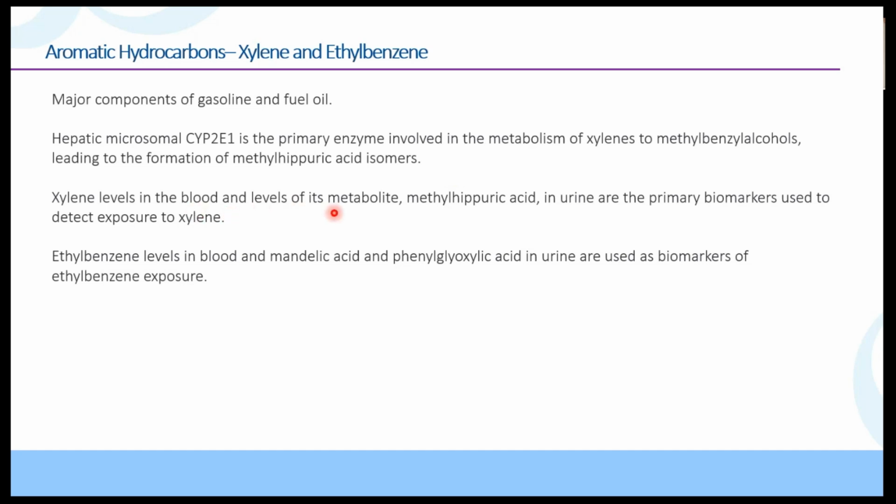Xylene levels in the blood and its metabolite methyl hippuric acid in urine are the primary biomarkers used to detect exposure to xylene. So these are the biomarkers: methyl hippuric acid and xylene. And then ethylbenzene levels in blood and mandelic acid and phenylglyoxylic acid in urine are used as the biomarkers of the ethylbenzene exposure.